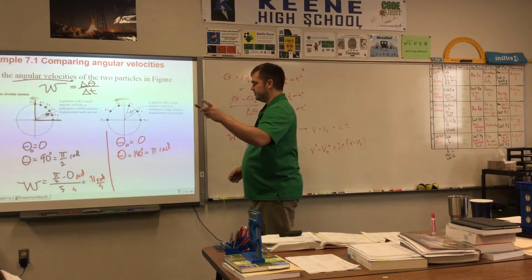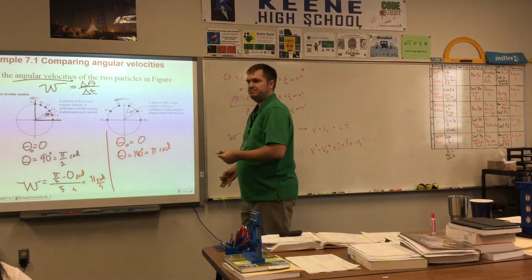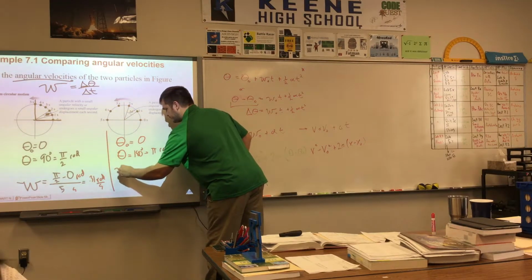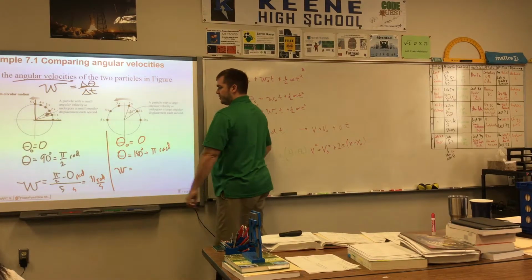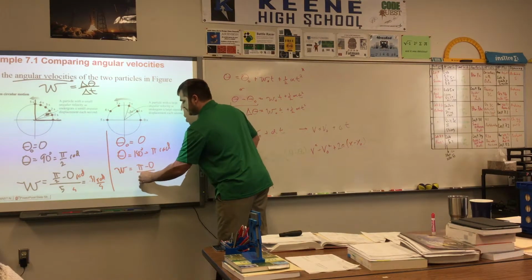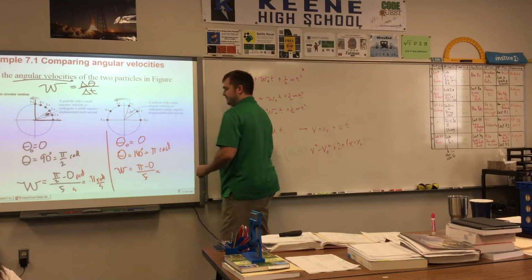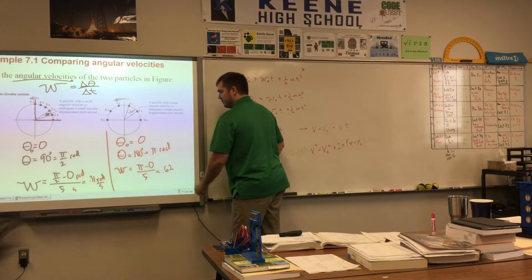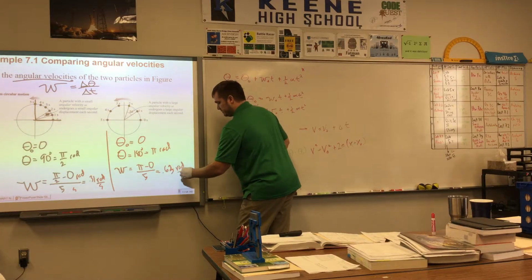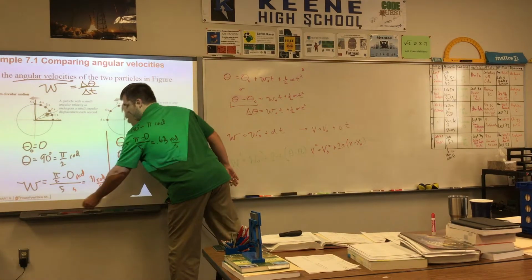And Jay, if you have questions on how to do the conversion, I can answer those really fast. So, once again, pi minus 0 over 5. Call it out to me. 0.62, 0.63 radians per second.